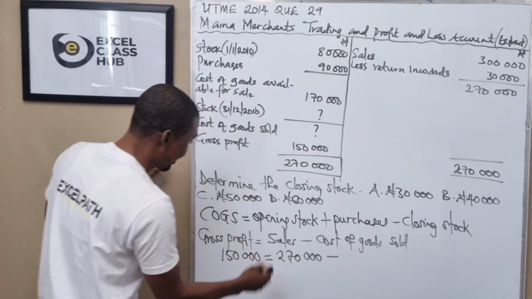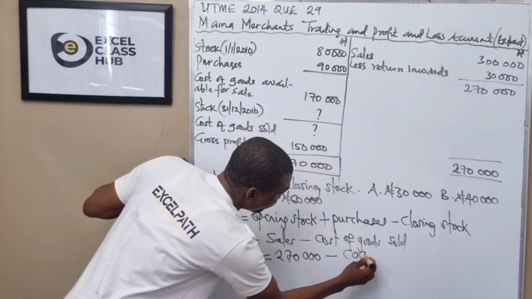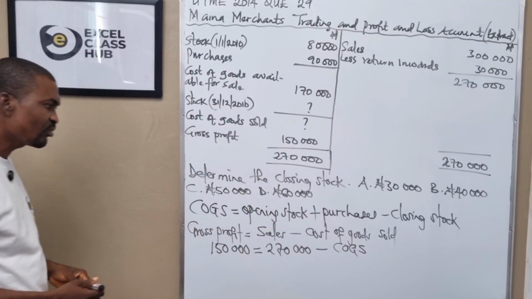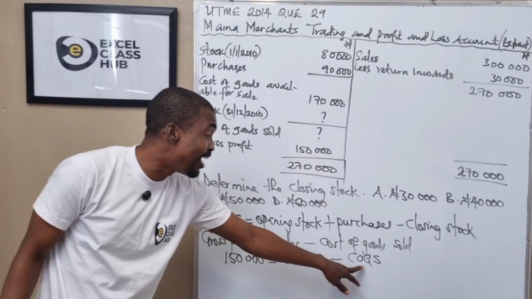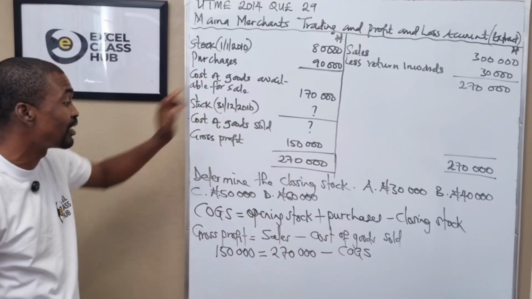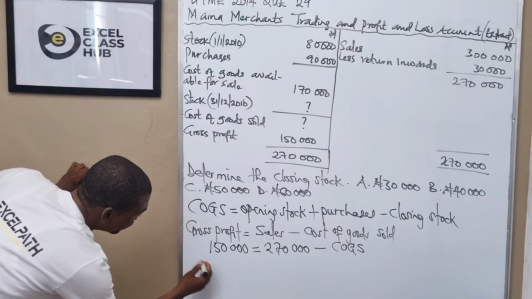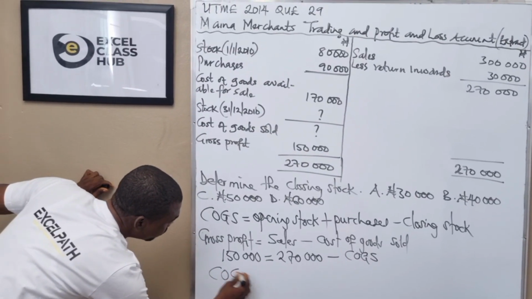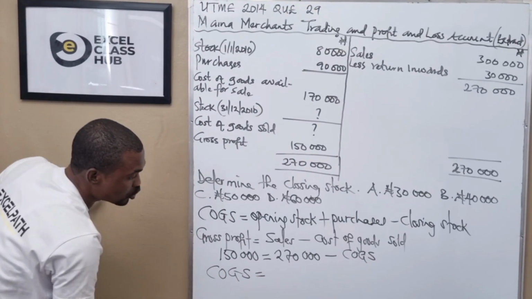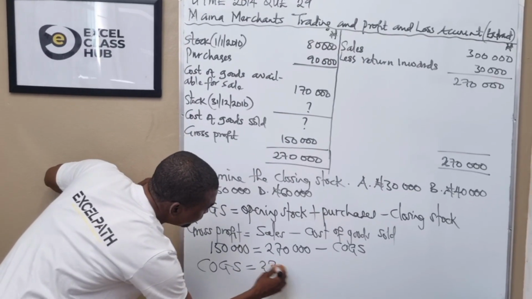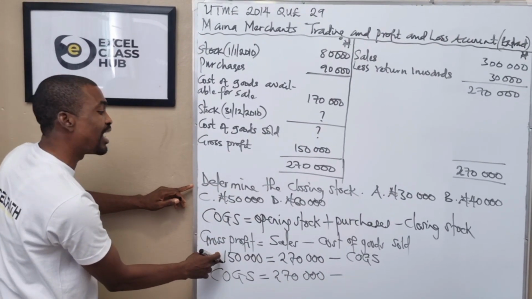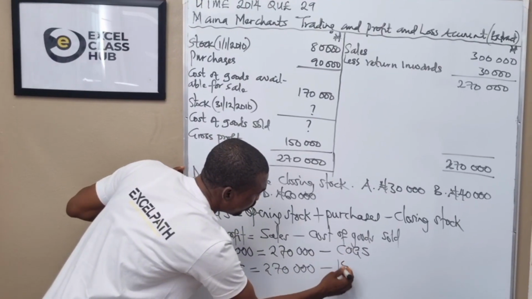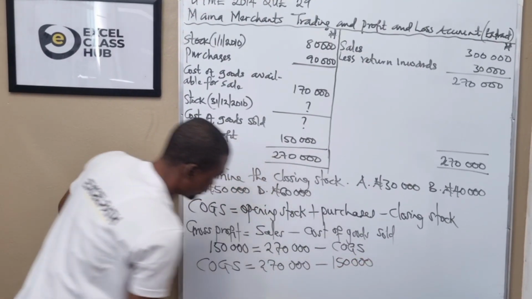So let me represent that as COGS. We want to look for the figure for cost of goods sold. Like I told you, we have to get this figure before we can get our closing stock. So it means our cost of goods sold will be equal to 270,000 minus, you bring this 150,000 down here, minus 150,000.